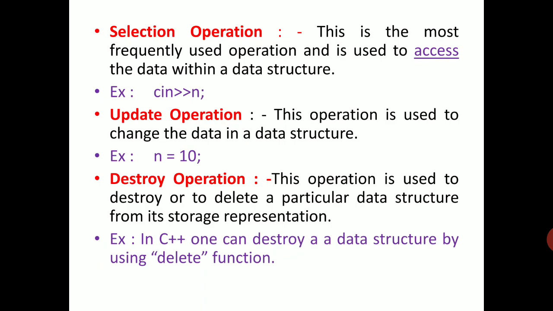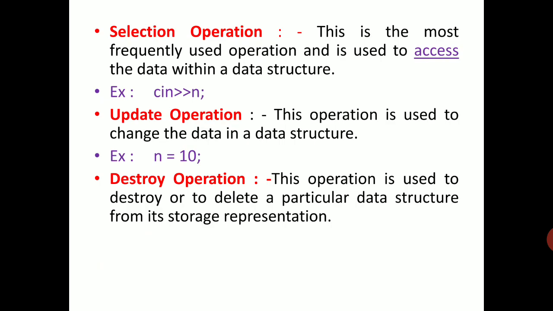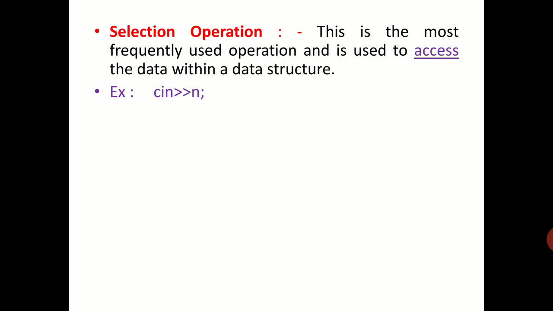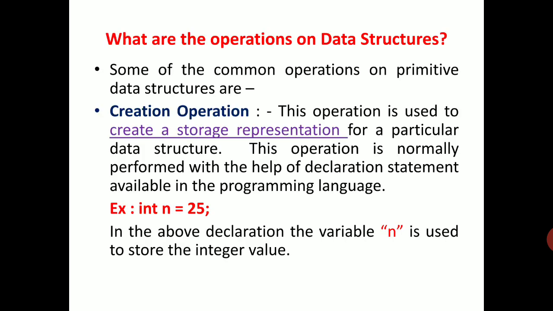In C++, one can destroy a data structure by using the delete function. So now we have observed the operations we can do on primitive data structures: there are 4 operations.